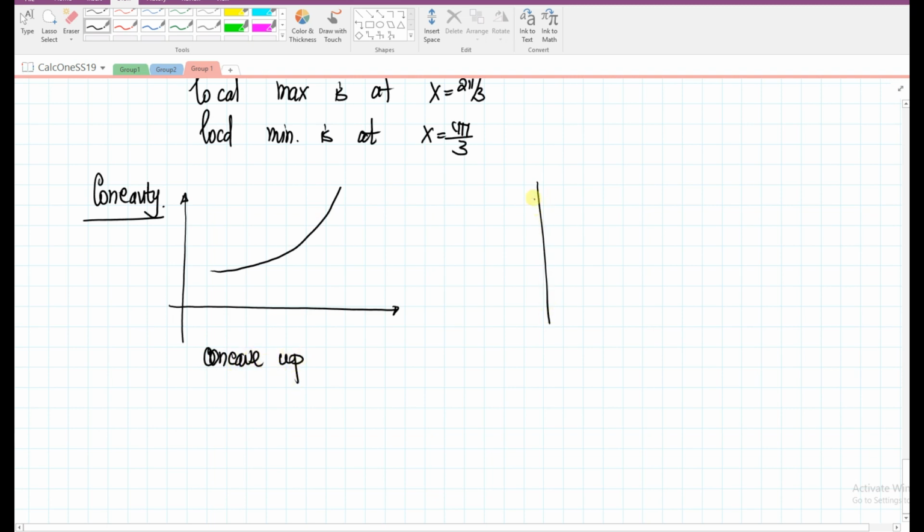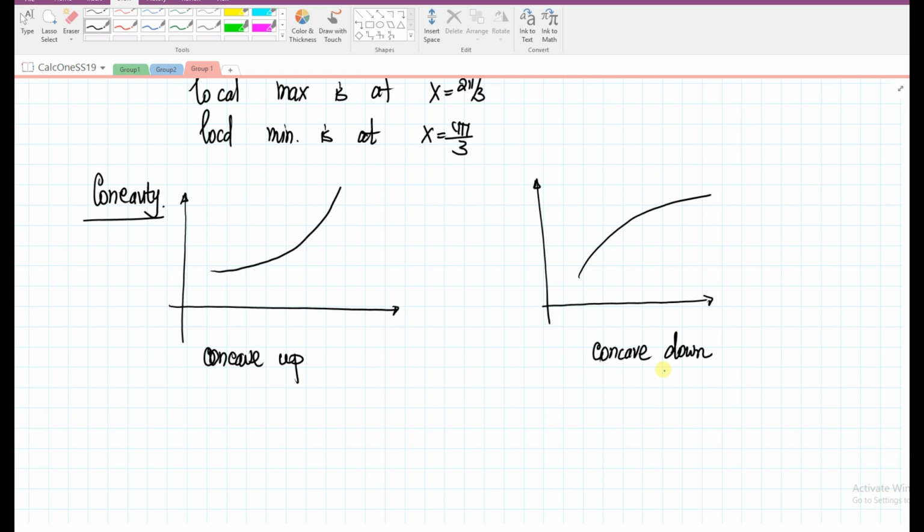And we call this function concave down if it looks like this, okay? So if the parabola looks like this, this is concave up. If it looks like this, then this is concave down.